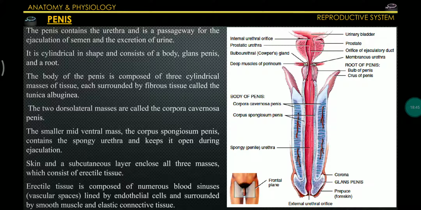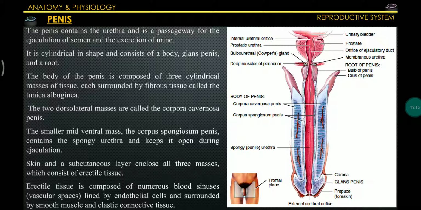The body of the penis is composed of three cylindrical masses surrounded by fibrous tissue called tunica albuginea. The two dorsolateral ones, present on the upper side of the penis, are called corpora cavernosa, and the middle one is called corpus spongiosum, which contains the spongy urethra and keeps it open during ejaculation.